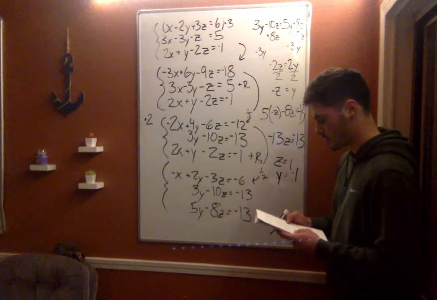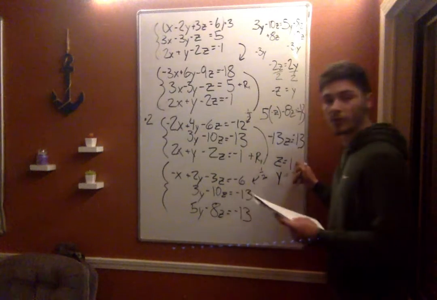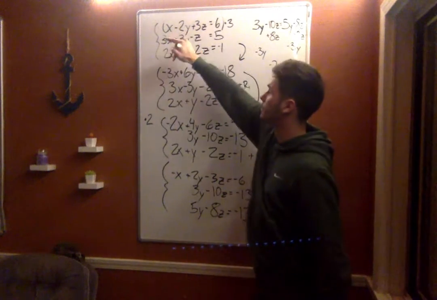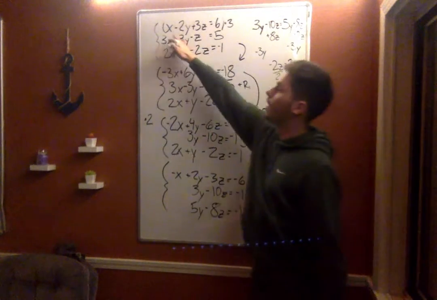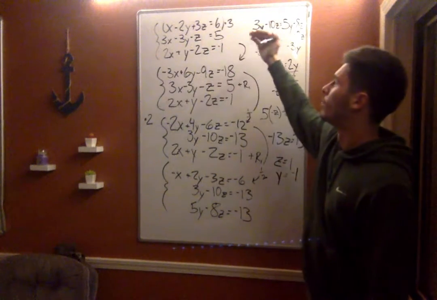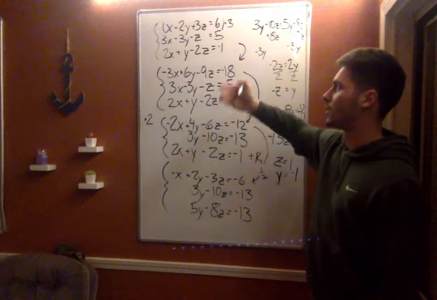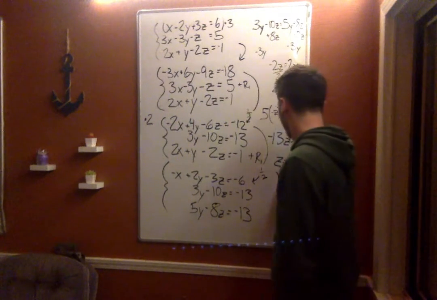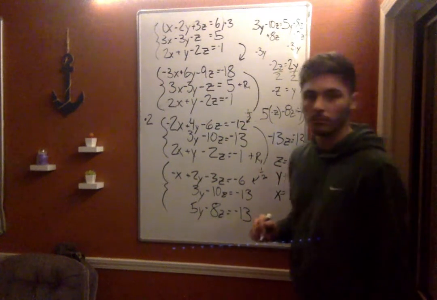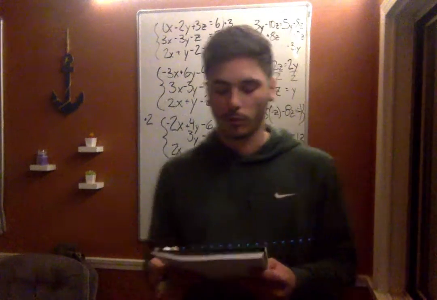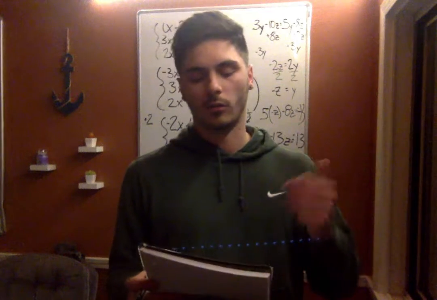And then when we plug both of these back into here, we can see that x plus 2 plus 3 equals 6. And so 6 minus 5, x equals 1. And so our final solution is going to be the ordered triple 1, negative 1, 1.